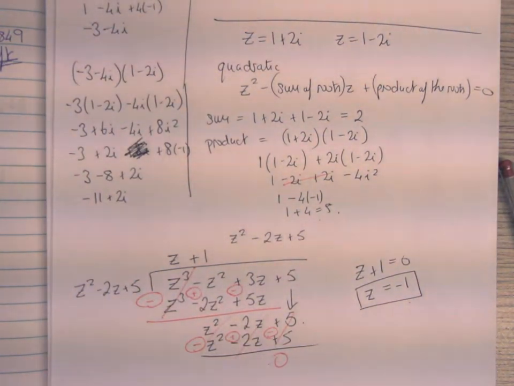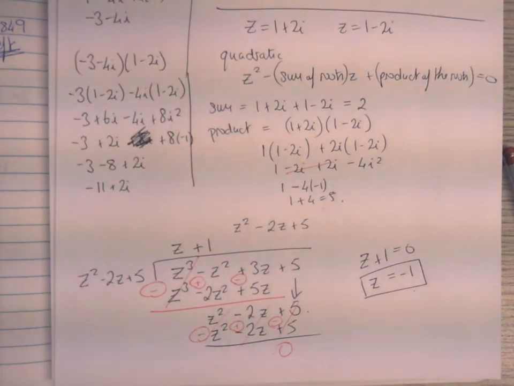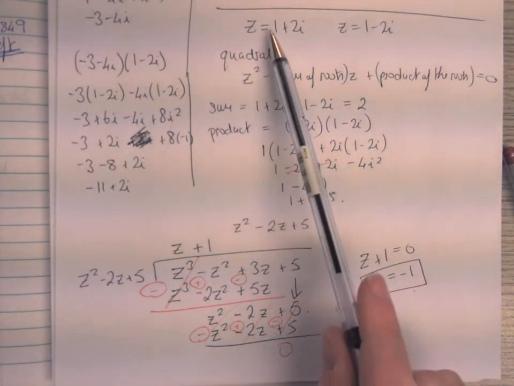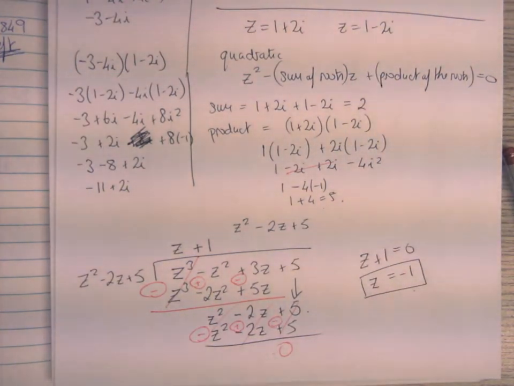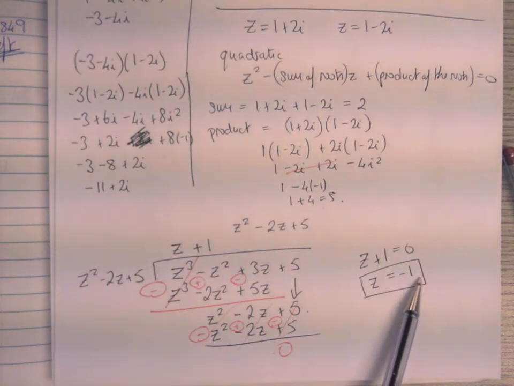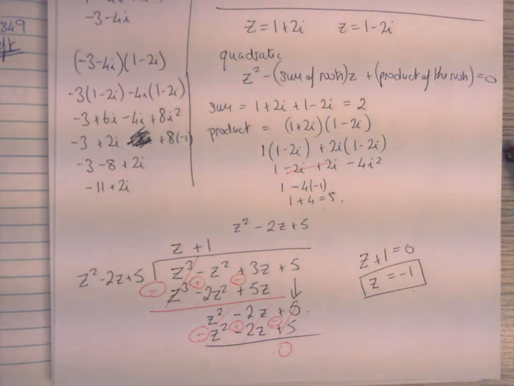Like in algebra where we have x equals, here it's z equals. So my 3 roots are this, this, and this. Remember I was saying complex numbers happen in pairs, and then your other one will be a real number.